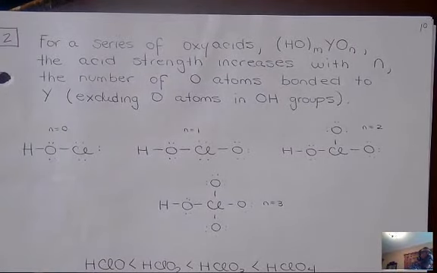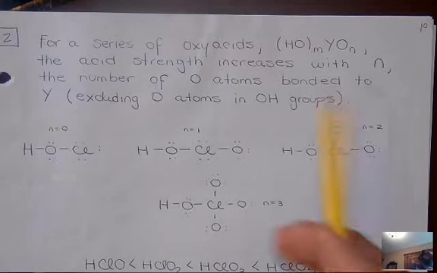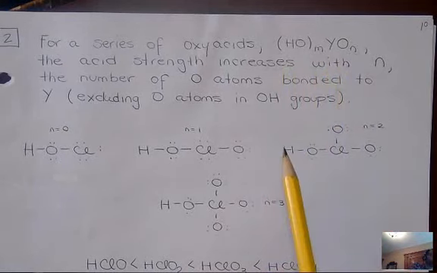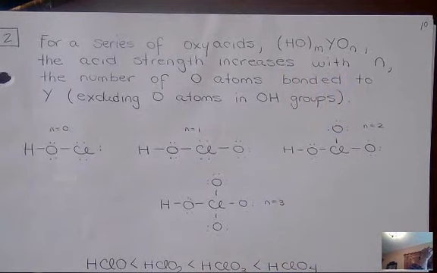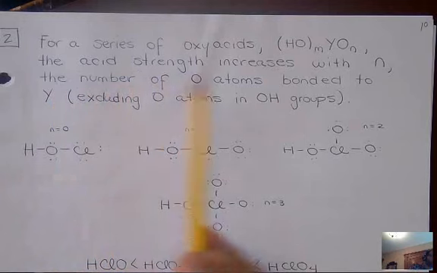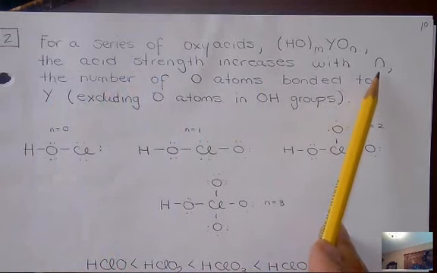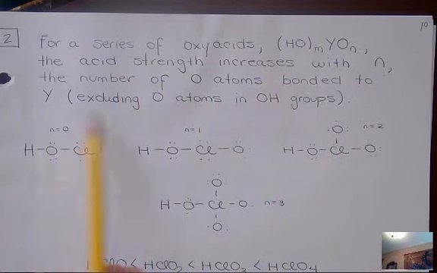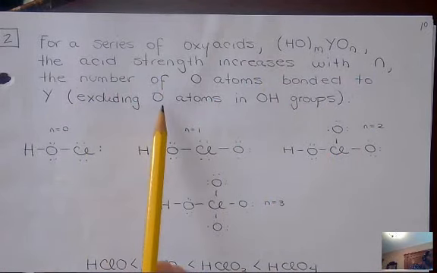For a series of oxyacids which have the form OHMYON, okay, and I'll fit the last one that we just did into that, the acid strength increases with the N, which is the number of oxygens bonded to Y, excluding the O atoms in the OH groups.